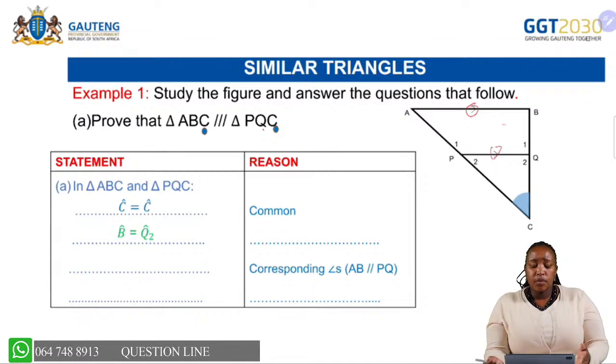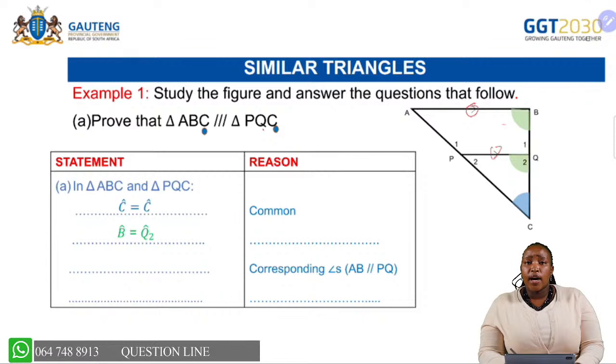Okay. Now, which two types have equal angles? It's either corresponding angles or alternating angles. And in this case, let's identify angle B and also identify angle Q2. Are we able to see a relationship yet? All right, what if we drew an F? Do you see the relationship now? Right.